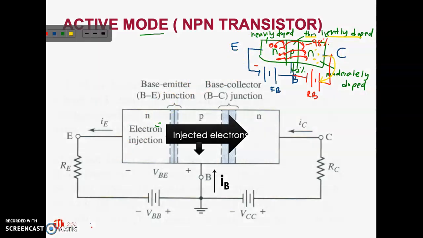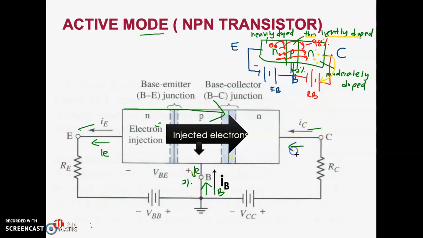Now let's take a look at what will happen to your current. Your current and electron are in inverse direction. Since your electron is moving from your emitter to your collector, your current will be in the opposite direction. So this will be IE. Since 2% of the electrons move down, this will be your IB.